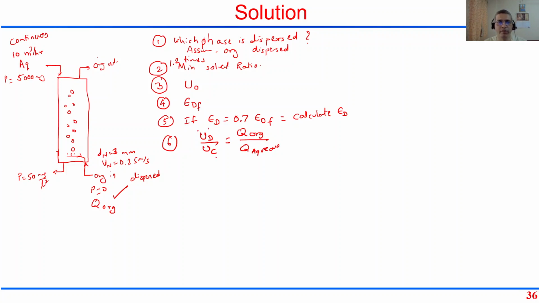Dispersed phase is our organic phase, continuous phase is our aqueous phase. So the ratios of the superficial velocities is the same as ratios of their flow rates. Why? Because superficial velocities are nothing but the flow rate divided by cross-sectional area.